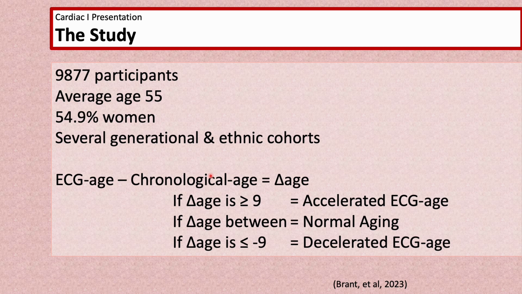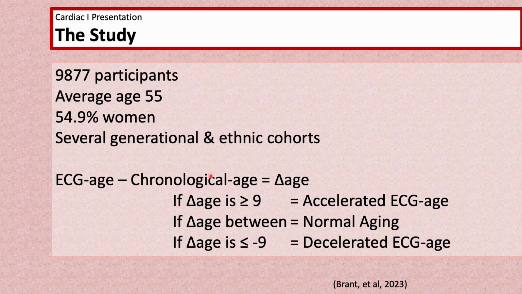If participants' delta age is positive 9 years or more, they're considered accelerated age. Basically, their heart is older than they actually are. If a person's delta age is within plus or minus 8 years of their chronological age, they are considered normal aging, meaning their heart is about the same age as they are chronologically.